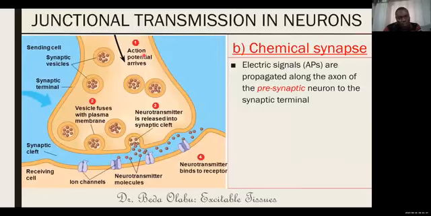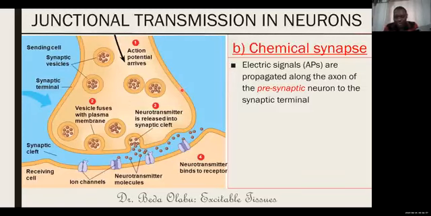So first, there will be action potential that comes up to the end of this axon. The action potential, we know how it operates. It is just a depolarization event. Once the depolarization event has reached the end of the axon, what next?